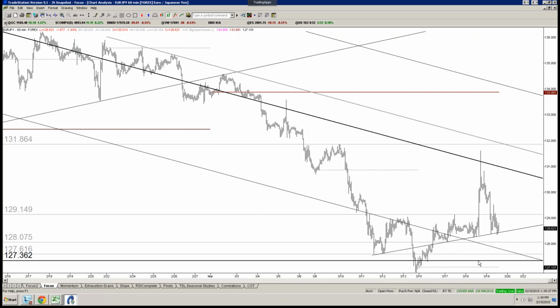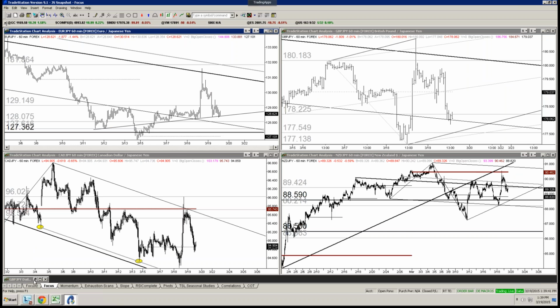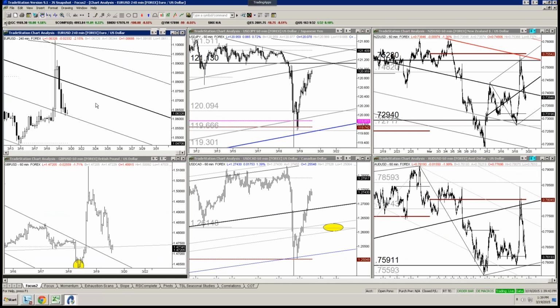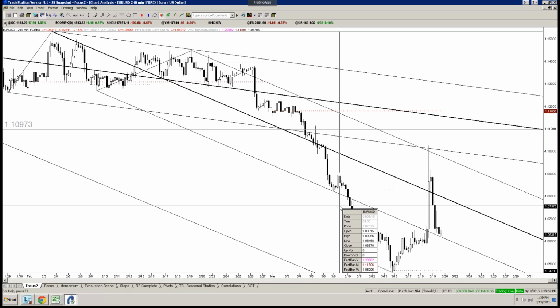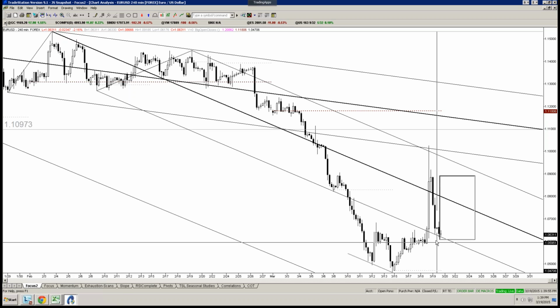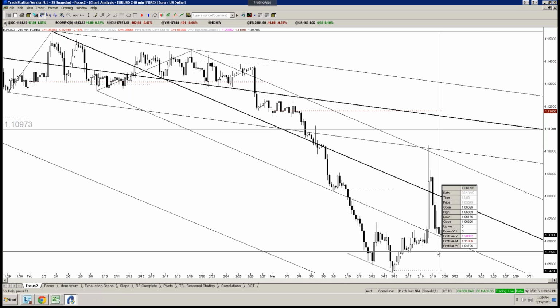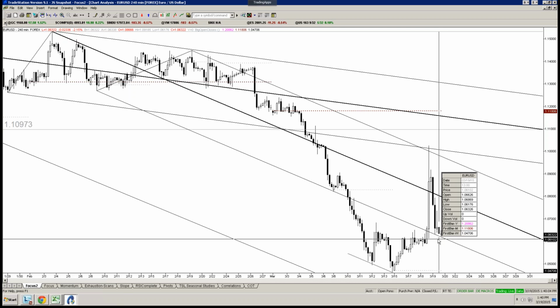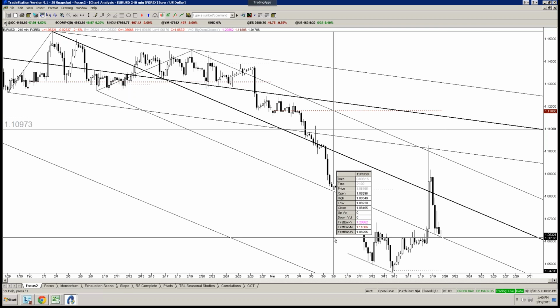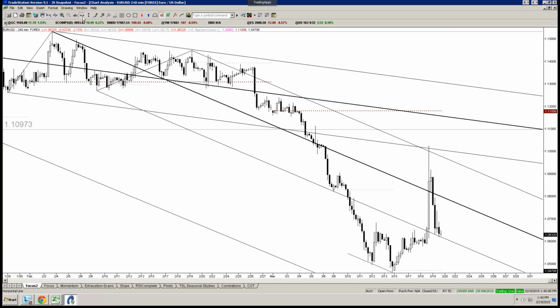The thing that intrigues me a little more so about the euro dollar at this point, Mark, is the fact that it's sitting right at this lower parallel, which was support before, right? So we're holding here. I mean, we've been testing it all morning, testing it during Europe, testing it during U.S. We're basically trading at it right now. We've got former high here.